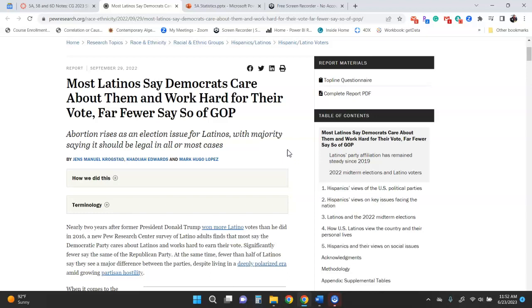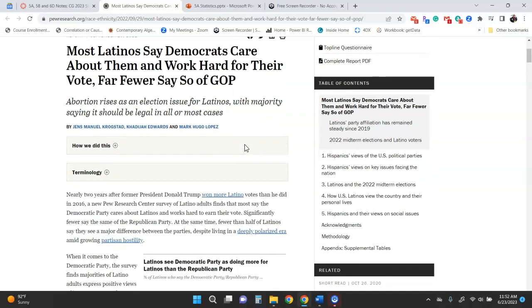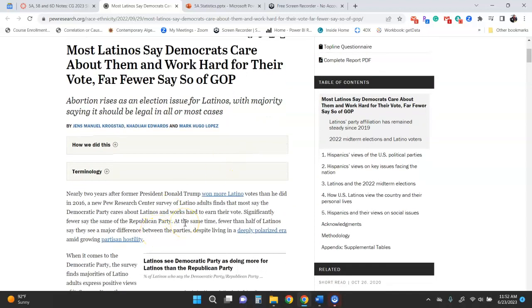So it sounds like we can conclude that what this study wants to find out is some information about Latinos in terms of how the Democrats and the GOP are working for them. And now we want to look at the population. Sometimes your population is best found when you look at the sample.